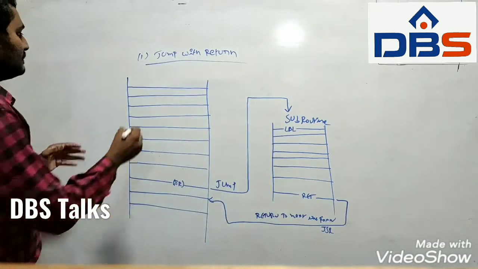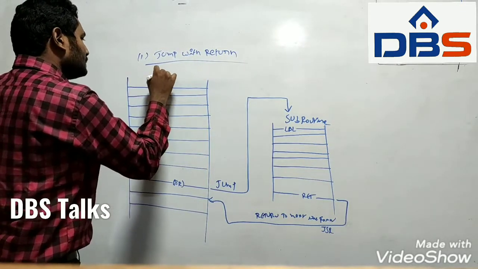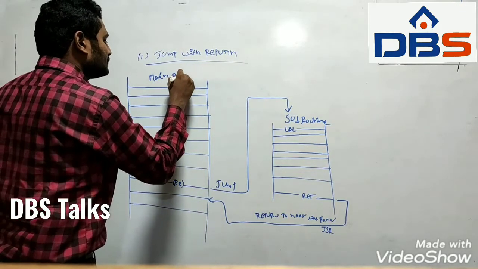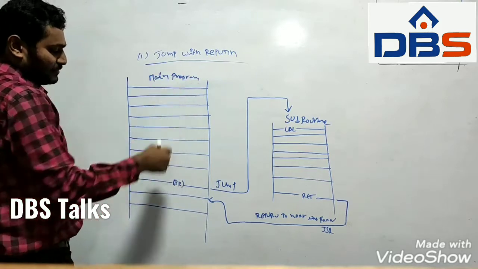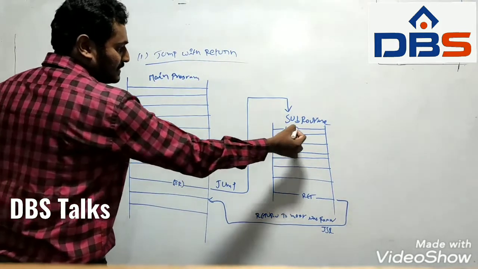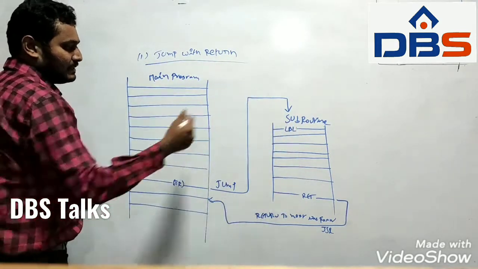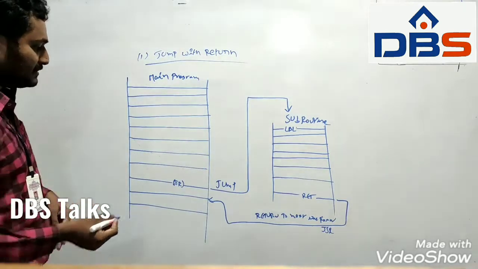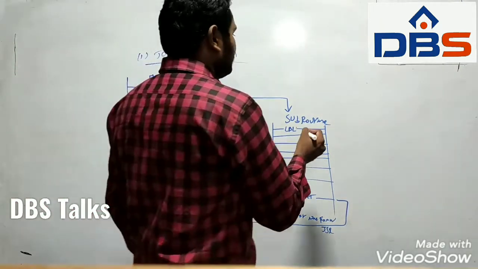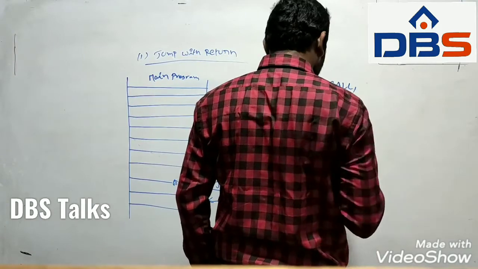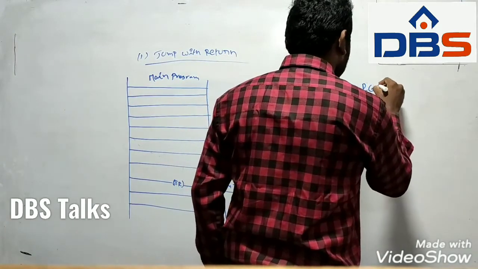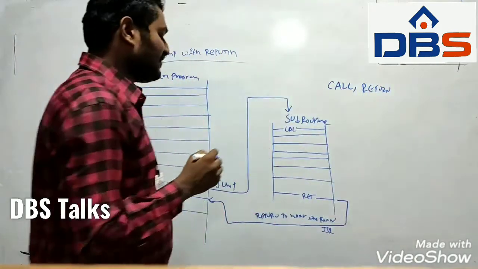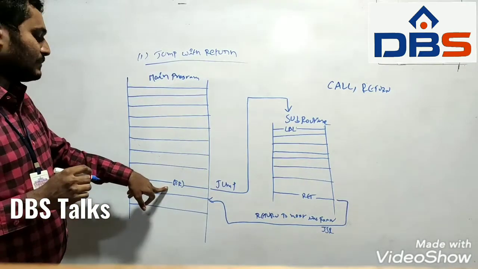So here I am taking one main program, and the subroutine area is outside the main program. Here we are using two instructions, call operation and return operation, in JSR functions. That is jump with subroutine code.